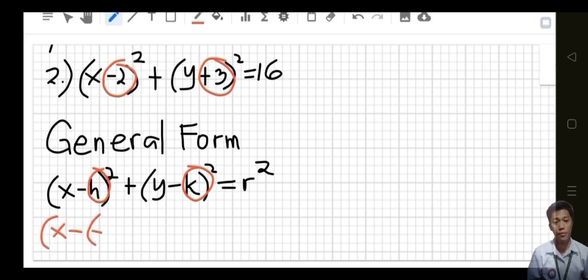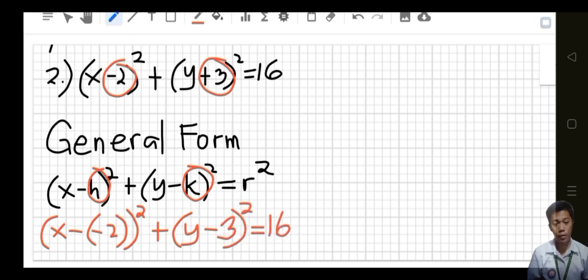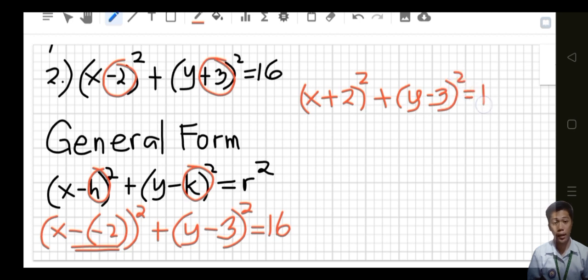So we have (x minus negative 2) squared plus (y minus 3) squared is equal to 16. Then negative times negative is equal to positive. So therefore (x plus 2) squared plus (y minus 3) squared is equal to 16.